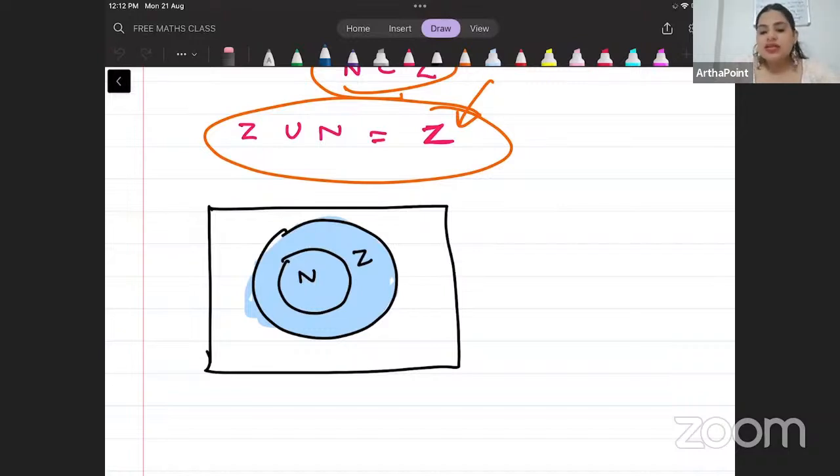ठीक है जी? In set theory, we had already gone ahead and done first, what is set? How do you represent set? Then beta, we had talked about sets in set builder form and roster form. ये हमने कर लिया, ये पुराने lectures में available है. Then next, we did what is finite set and infinite set. ये भी हमने कर लिया.